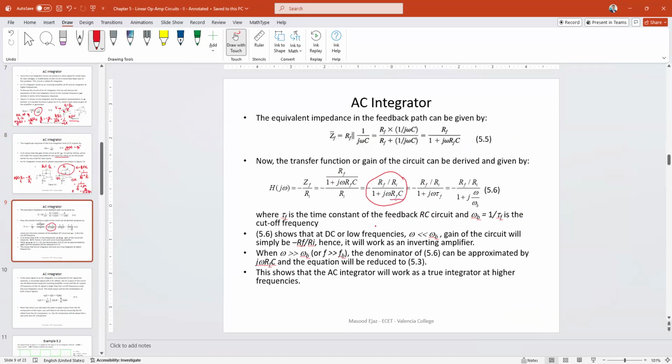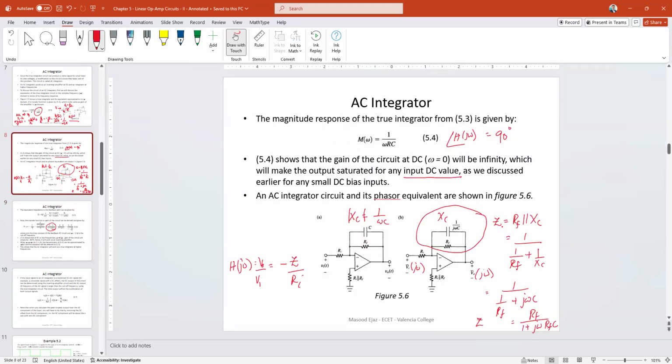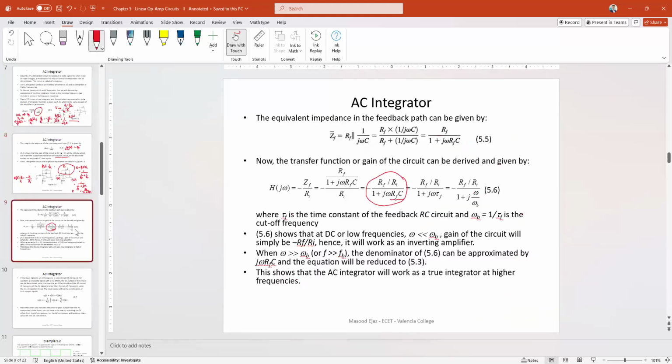RFC is the time constant of this parallel RC circuit, RF and C. As you can see, tau F. And then we can also write this down as negative RF over R input over 1 plus j omega divided by 1 over RFC.